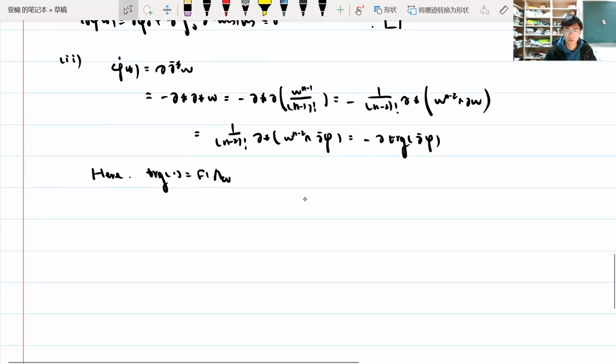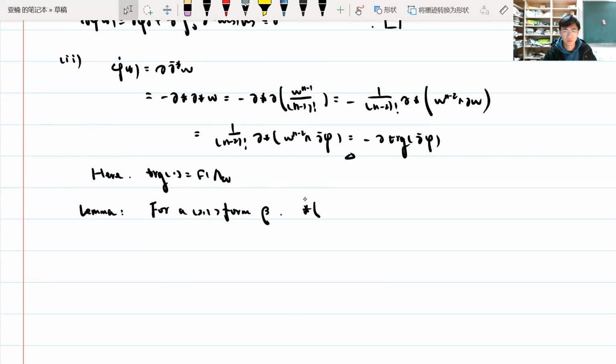And this equality is because we use a lemma for 2-1 forms.